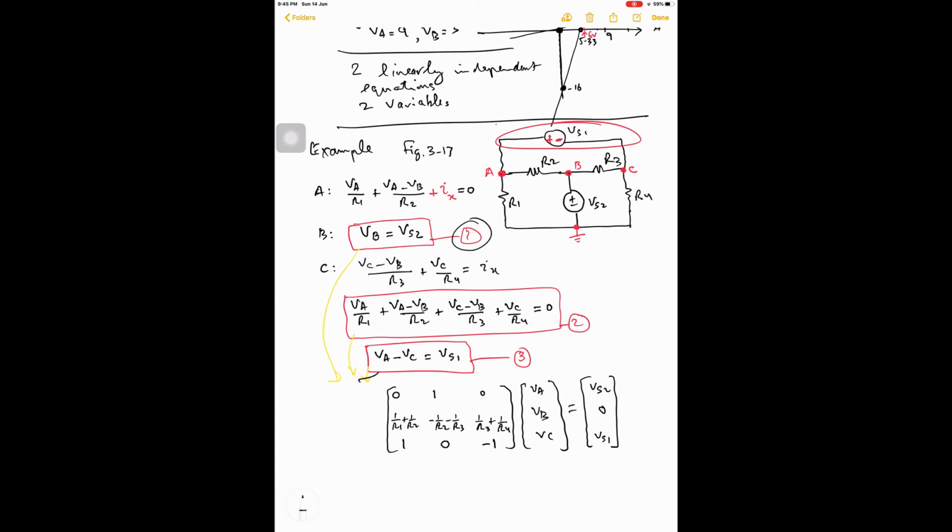We can solve these equations using Cramer's rule or any other method. As I have discussed before, we can find Va, Vb, Vc over here. If this matrix is the G matrix, it will be G inverse over here, and this matrix will be Vs2, 0 and Vs1, and we can solve it.